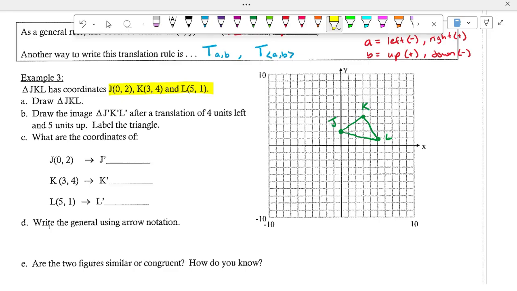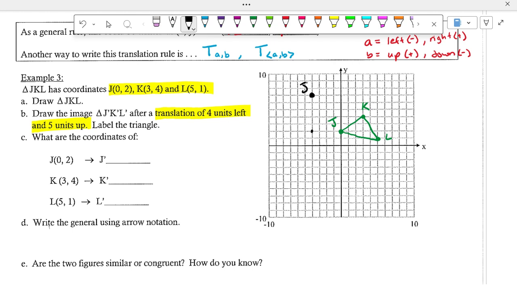Now, once you graph those points, they want us to do a translation where we go 4 units to the left and 5 units up. So if we're going 4 units to the left, let's start at J. All you're going to do is go to the left 1, 2, 3, 4, and then up, 1, 2, 3, 4, 5.